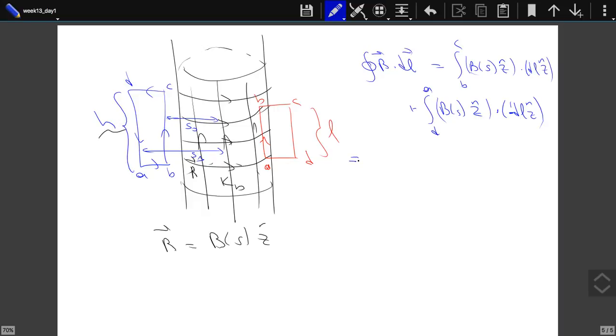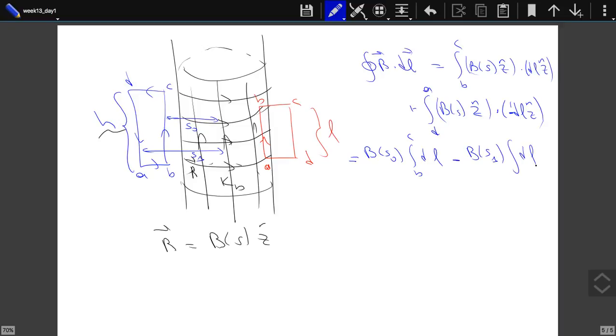So this will be equal to, from B to C, the S coordinate is S0, integral from B to C of dl. From D to A, the S coordinate is S1, minus integral of dl.